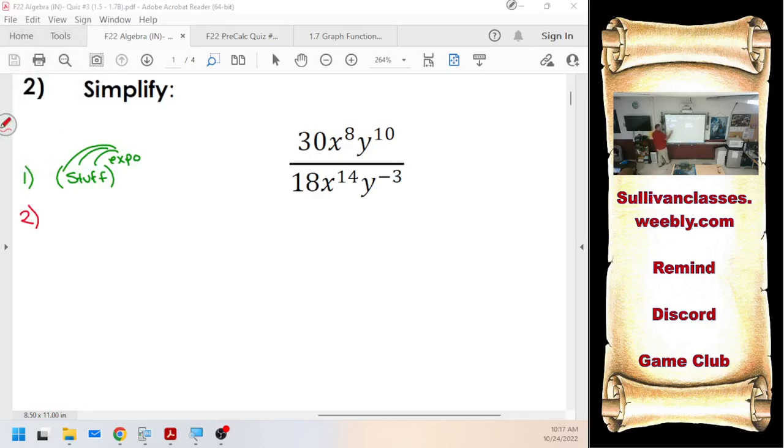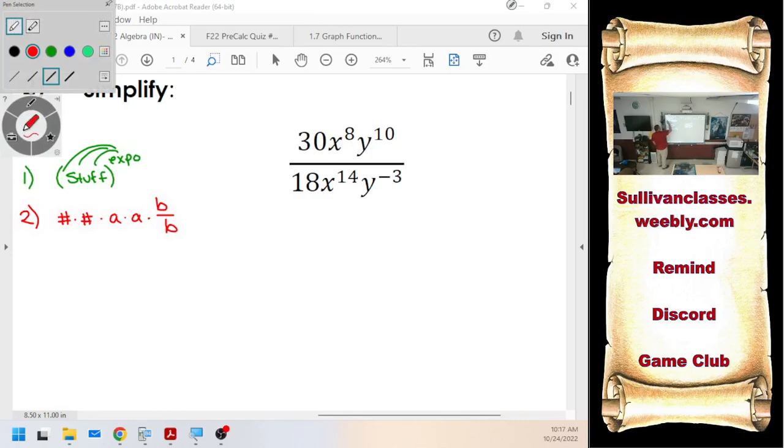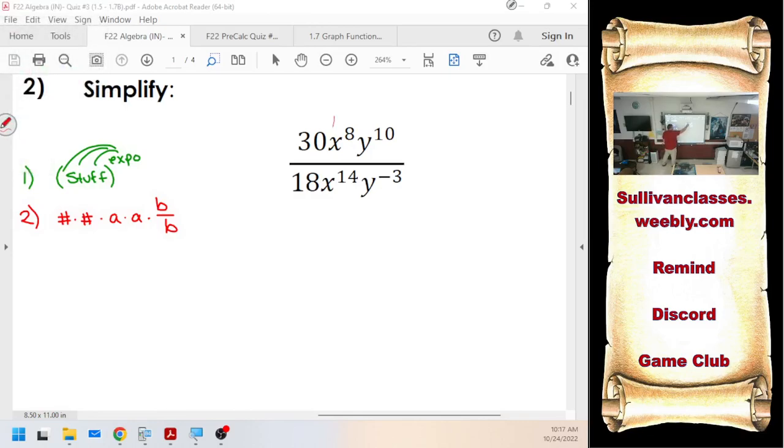You put turtles next to turtles, giraffes next to giraffes, penguins over penguins. Okay? And this one is already nice and lined up for me. You see number is over number, x is over x, y is over y. So I don't have to go rearranging anything. That's nice.